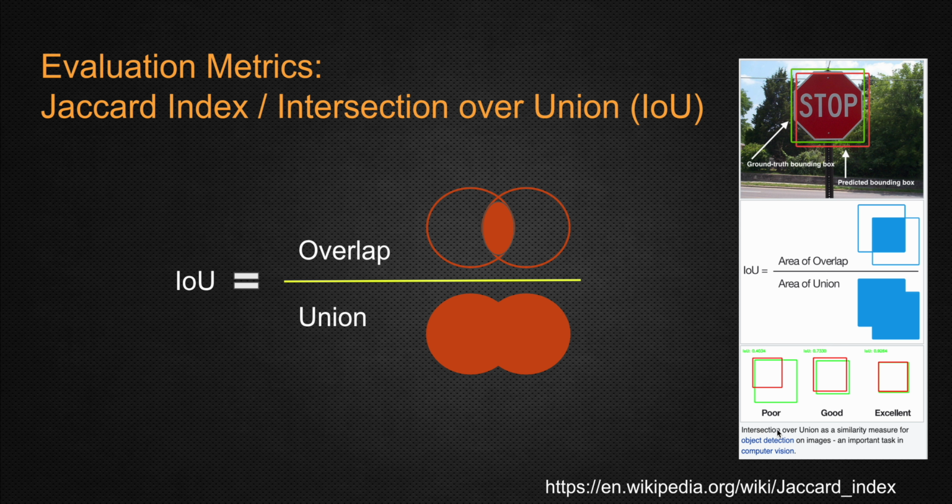And the right side image, which I have taken from Wikipedia, shows that if the overlap is exactly the union, your IOU is going to be exactly 1. It means it's a perfect match. However, if your overlap is just 1% and the union is 100%, then 1% divided by 100% will be a very small value.